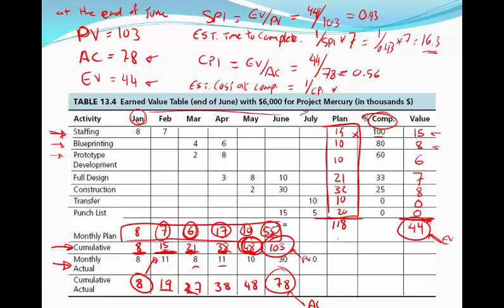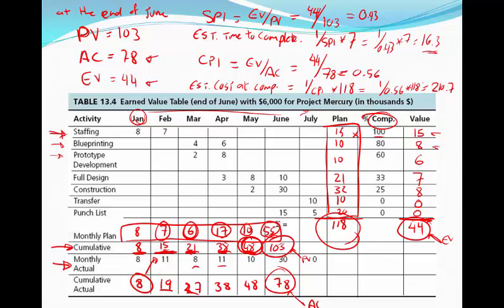So the total planned cost for the project is this value here, $118,000. So that's the entire cost of the project. So we multiply that by 118. So this equals 1 divided by 0.56 times 118. And that should give us a value of 210.7.